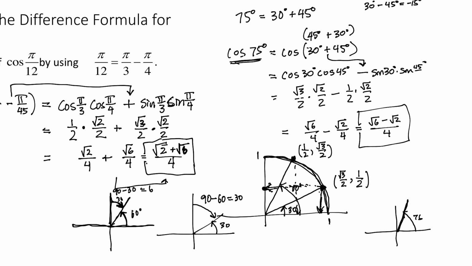This is 75 degrees. That leaves us with 15 degrees here. And this was the cosine. So we're saying the cosine of 75 degrees was equal to the sine of pi over 2 minus 15 degrees, or pi over 12.